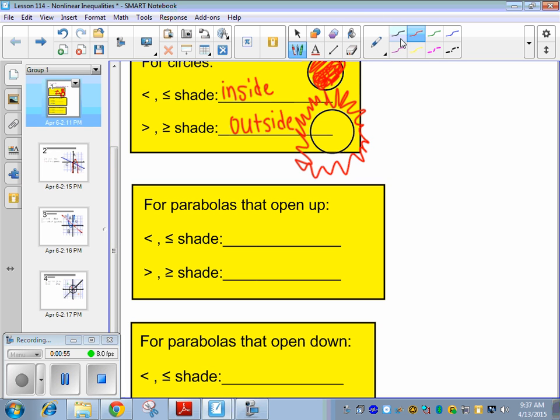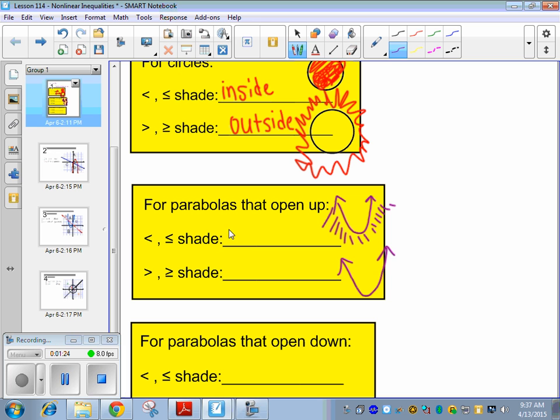All right, for parabolas that open up, for less than and greater than, think of it similar to the lines. For less than, we shade below. For greater than, we shade above. So for less than, if we were shading below this, that would be here.